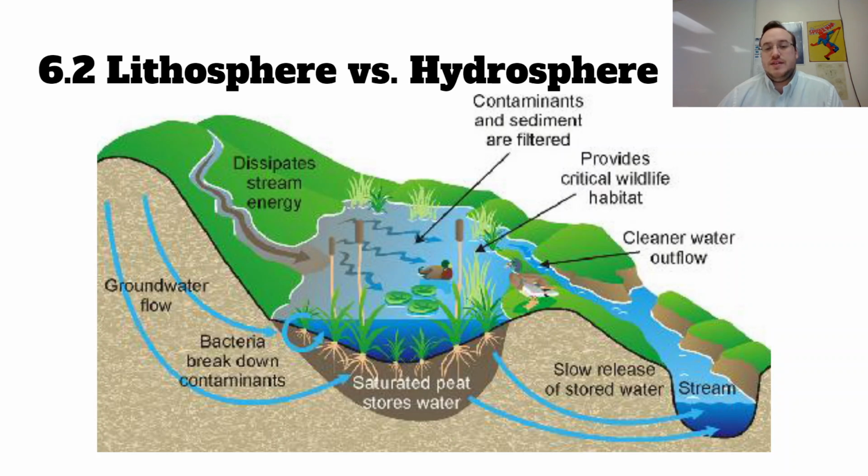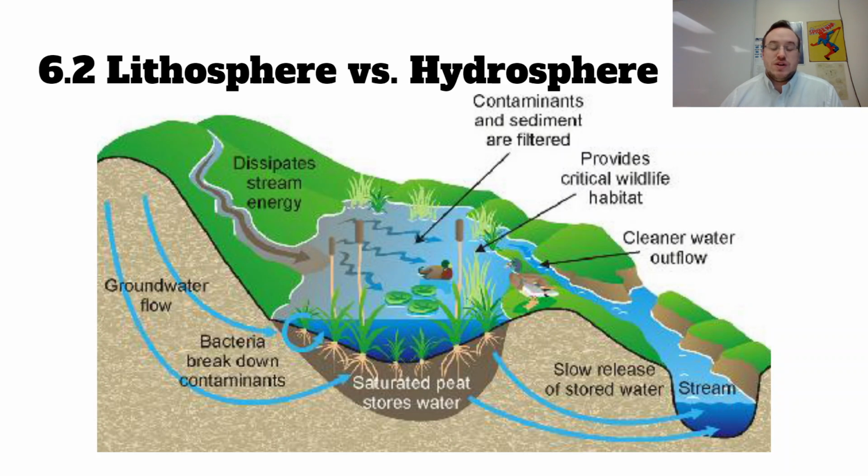Right. The lithosphere, remember if you don't, talks about the rocks and dirt and crystal structures, and so those are minerals, and sand and all the earthy parts of the ground.